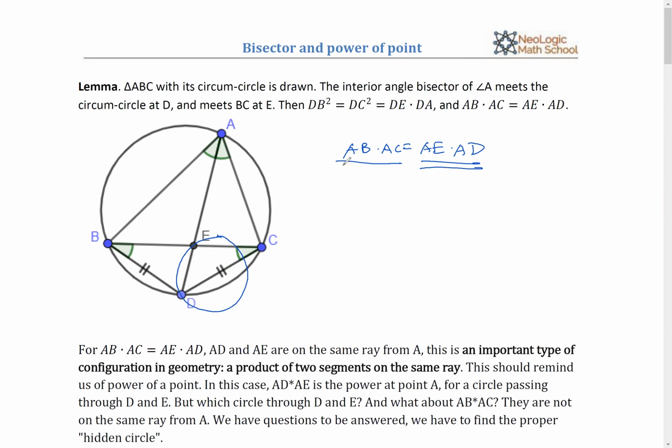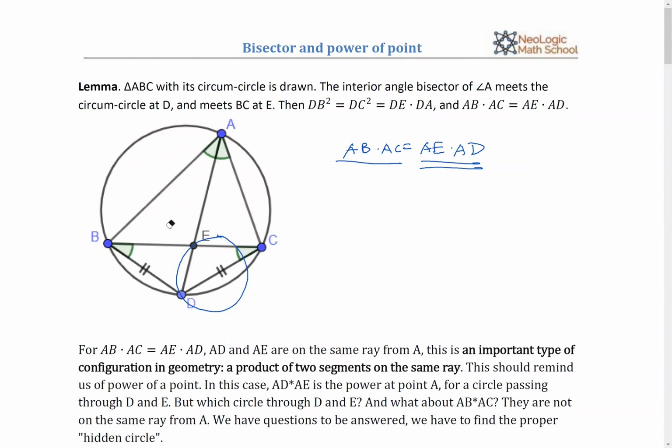So the problem is, what can we do to find this circle? Or in other words, what can I do to AB times AC to make it look like a power of a point? Well, one thing fundamentally is that I have to put them on the same direction. They need to be in the same line, right?